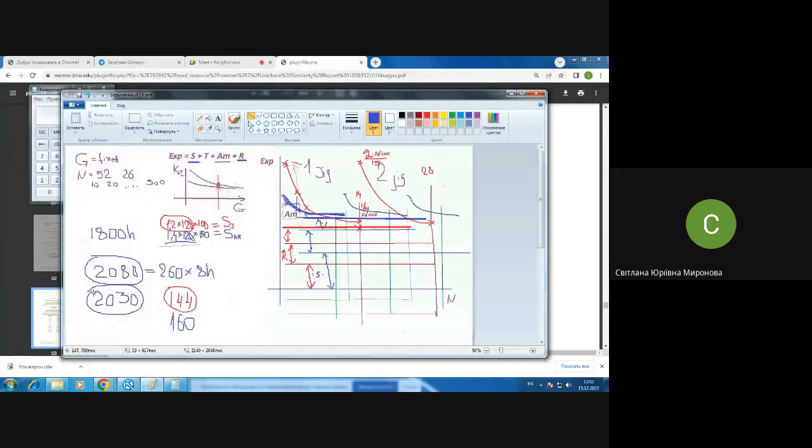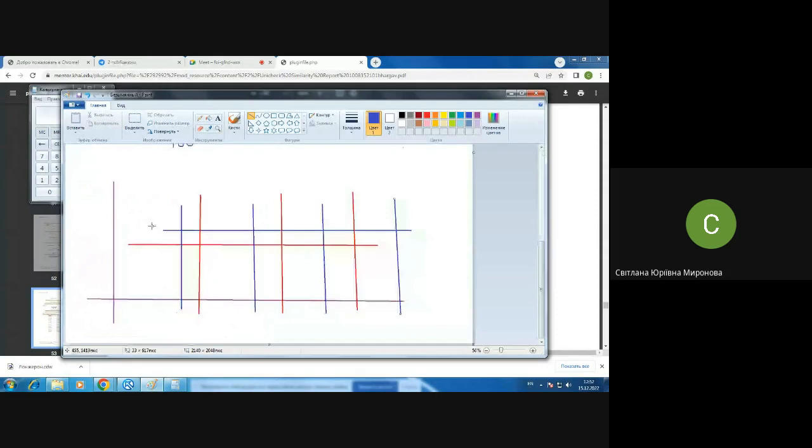Now let's try to draw the diagrams I tried to show, in a simplified, approximate way. These diagrams look like this, the maximum. One curve, next curve, next curve.